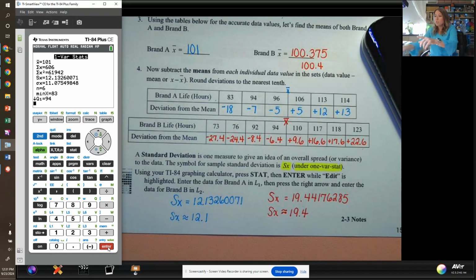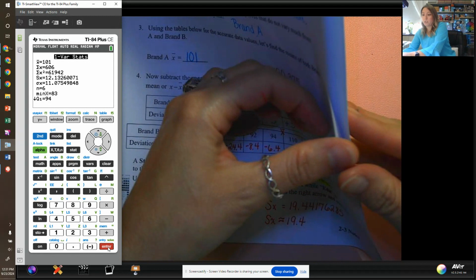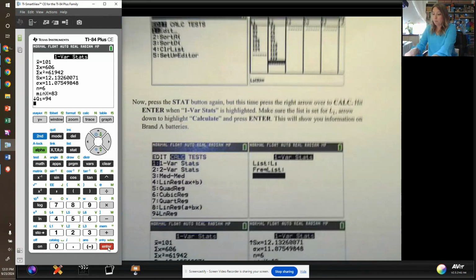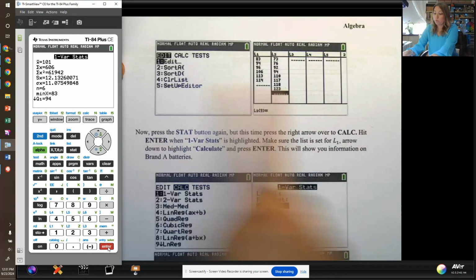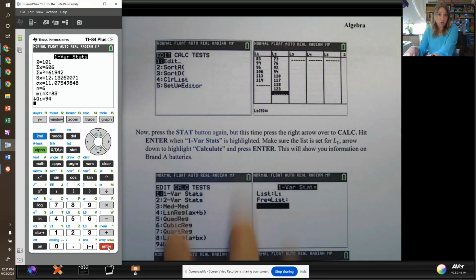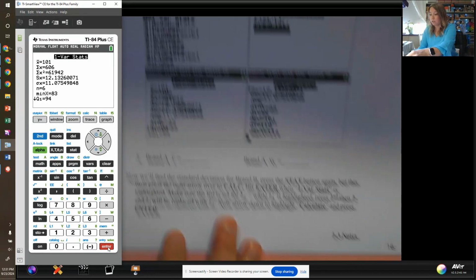Okay? So what I'm going to do right now is I'm putting this page off to the side. I know you're in a booklet, but at the bottom of this page where I show you each graphing calculator screen and what to press, just like I've shown you on here, this is just telling you how to do that when you're on your own.